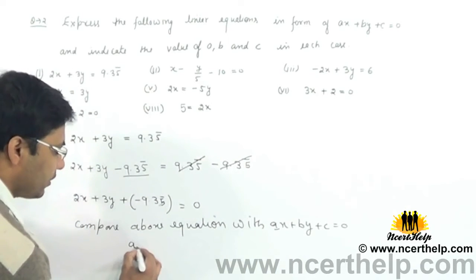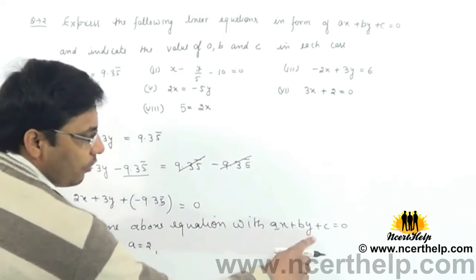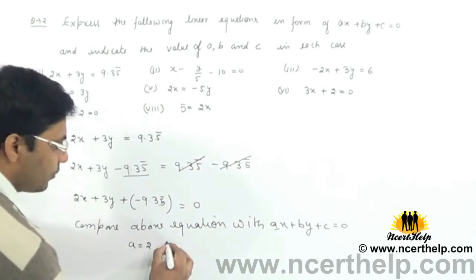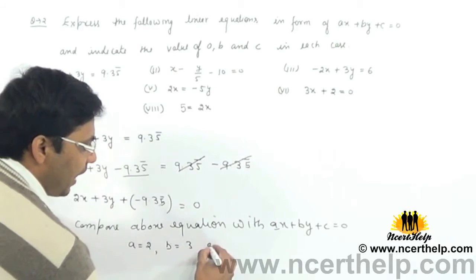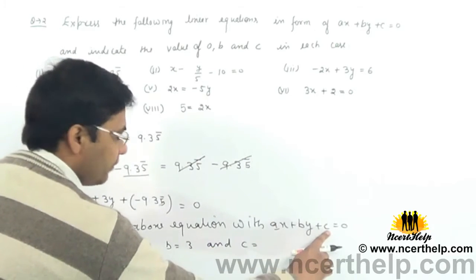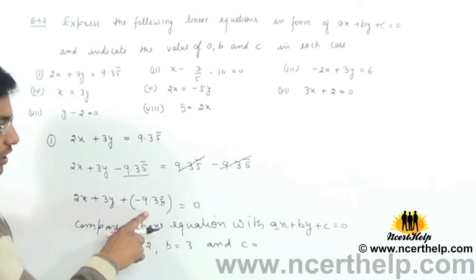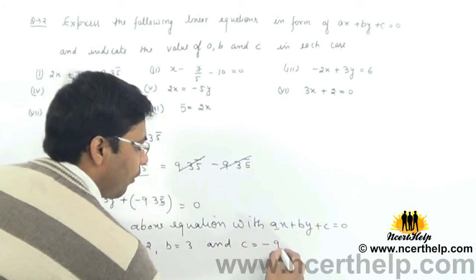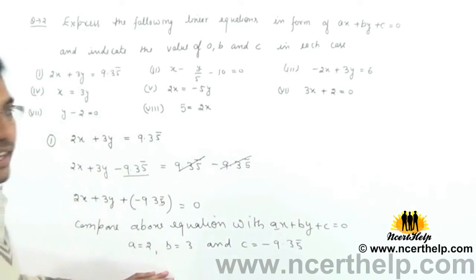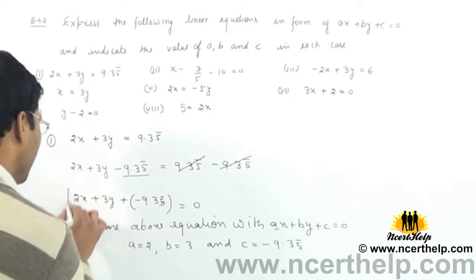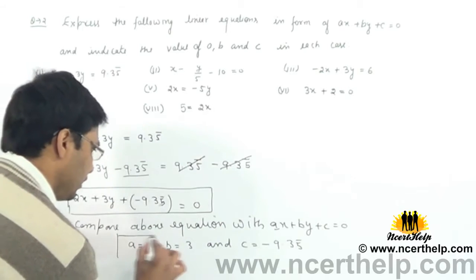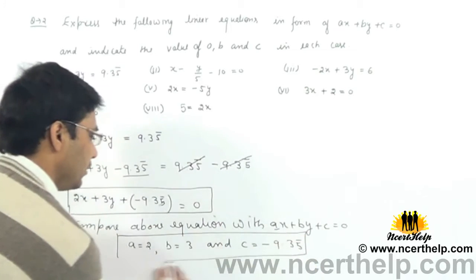So a equals 2. Here coefficient of y is b. Here coefficient of y is 3. So b equals 3 and c equals, here constant term c, and here is the constant term which is negative of 9.35 bar. So this is our final answer. This is our first answer and this is our second answer.